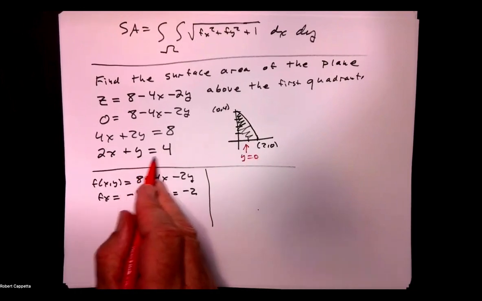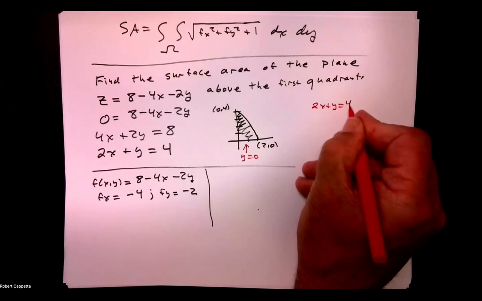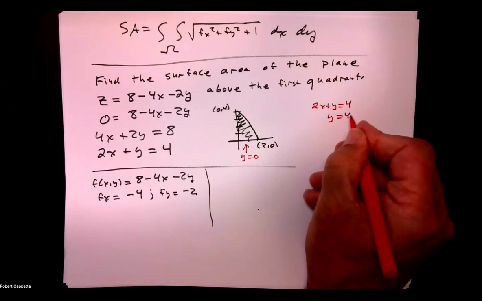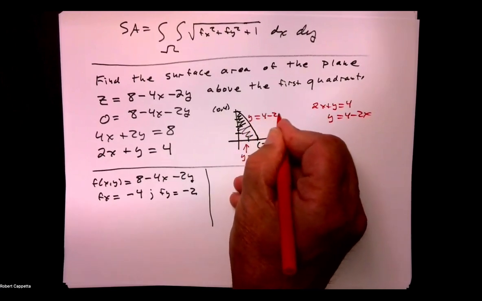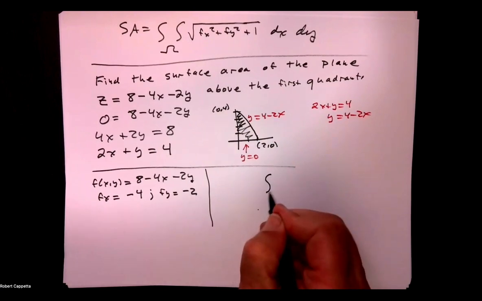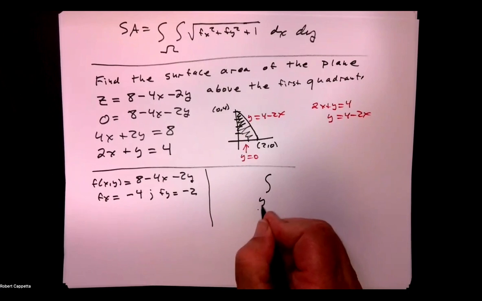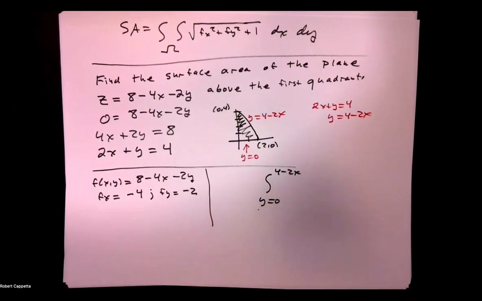The northern boundary is 2x plus y equals 4. Solving for y, y equals 4 minus 2x. So in terms of setting up our region, we are going to get what? Y ranges from 0 to 4 minus 2x. X, what is the smallest x I see?